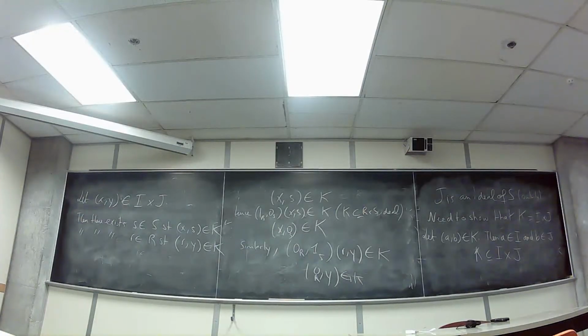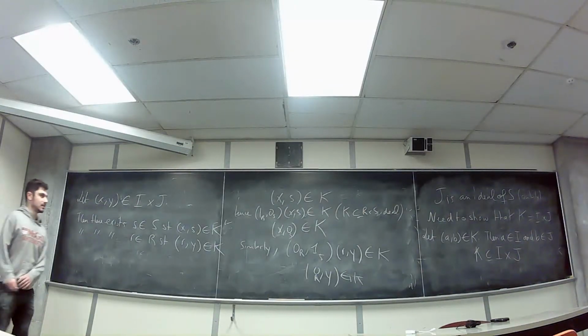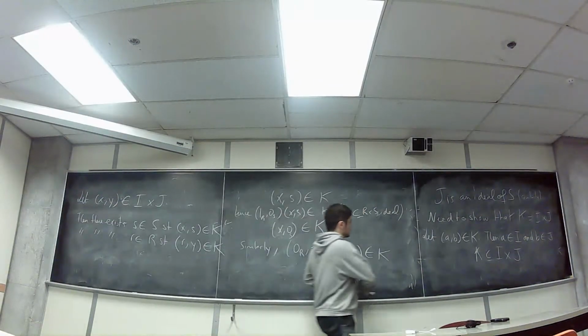Agreed? So far so good. Now if x0 belongs to K and 0y belongs to K, I can add them and get xy belongs to K.